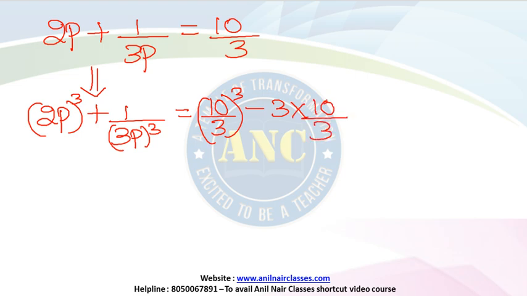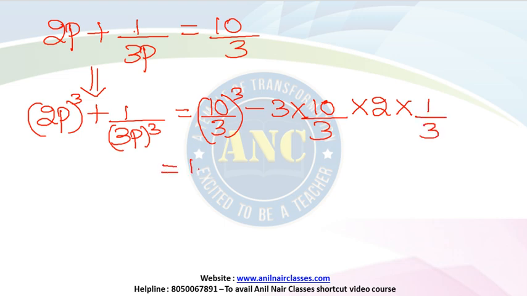But I should not stop here itself, because the coefficient of p in this if condition is not 1, it is 2. Multiply that by 2. The coefficient of 1 by p in if condition is not 1, it is 1 by 3. Multiply by 1 by 3.